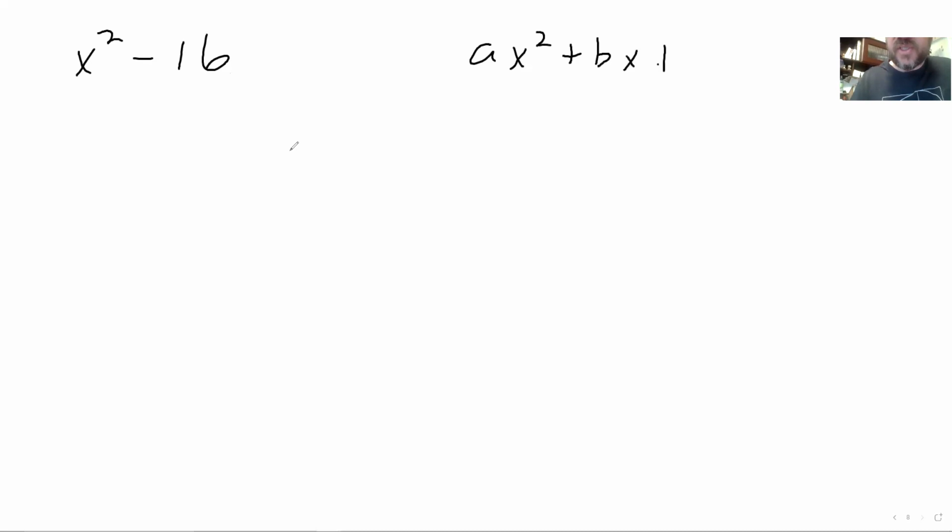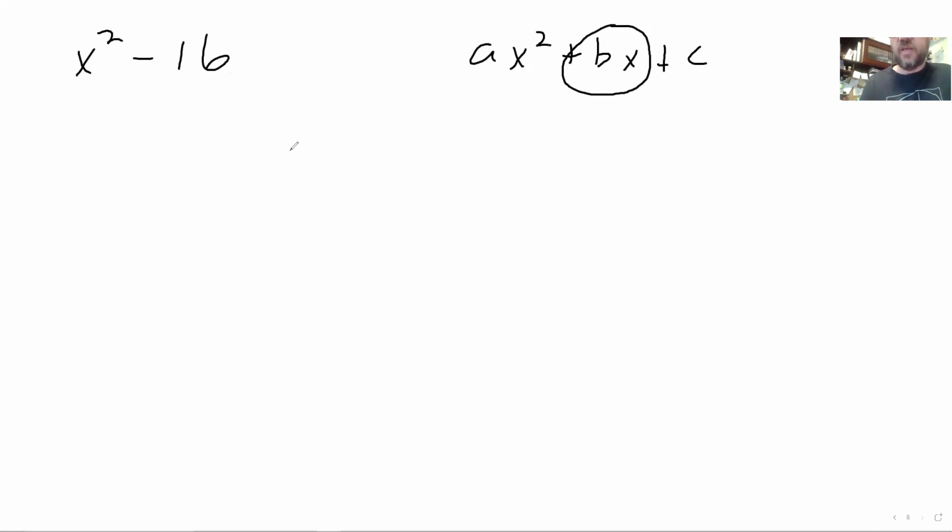I'm going to do x squared minus 16 as the thing I want to factor. Now, I'm looking for two numbers that multiply to be negative 16 and add up to be what now? Well, if I'm thinking of this as ax squared plus bx plus c, then this term is not present.